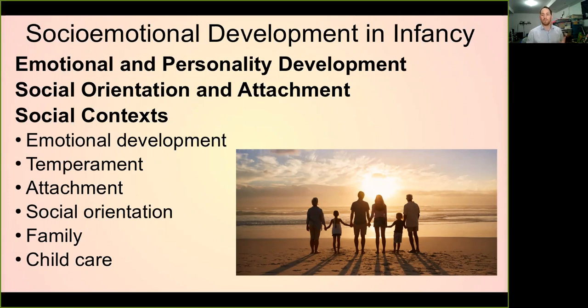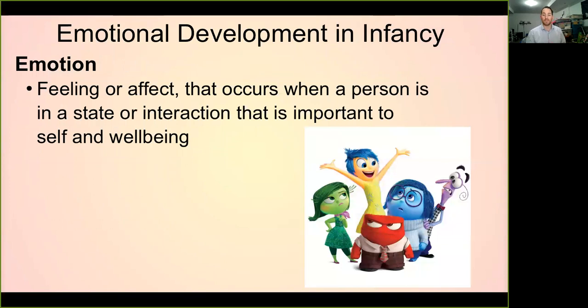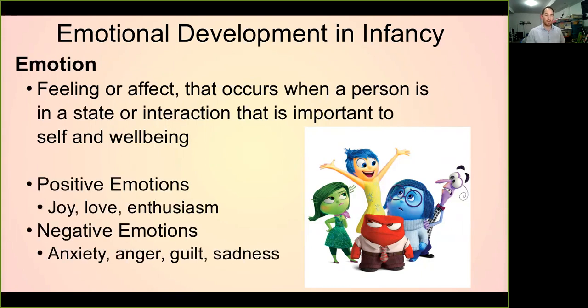So, what is an emotion? Well, you might have seen Inside Out. Here we've got some emotions like joy, sadness, and anger. That's not really what emotions are like. Emotions are defined as a feeling or an affect that occurs when a person is in a state of interaction that's important to self and well being. Some positive emotions you're probably aware of: joy, love, enthusiasm.